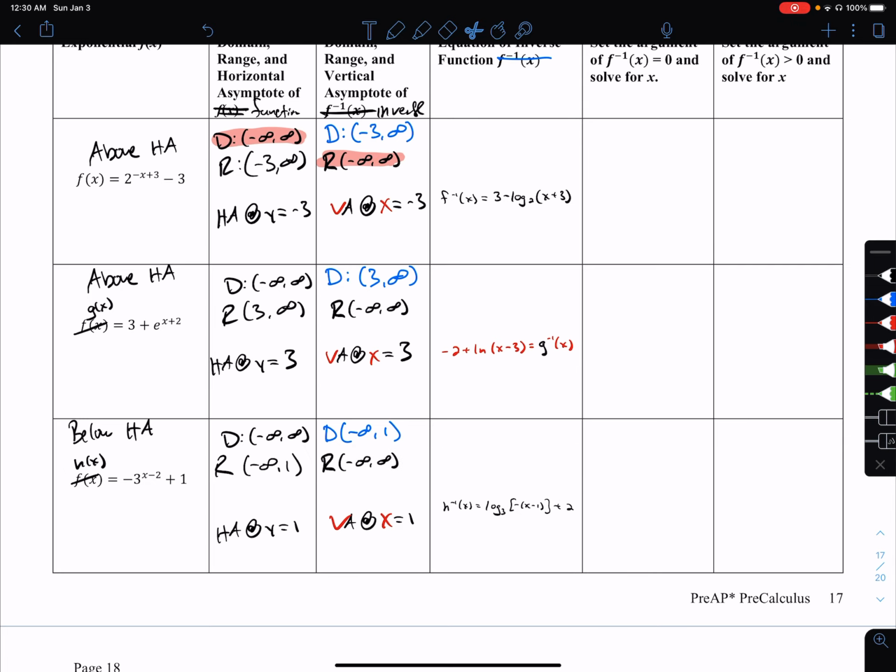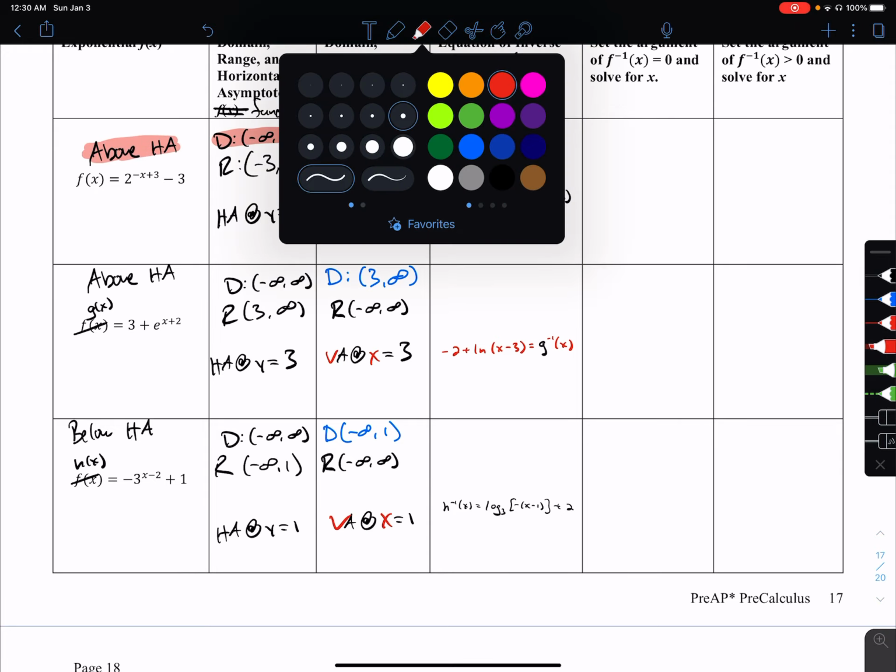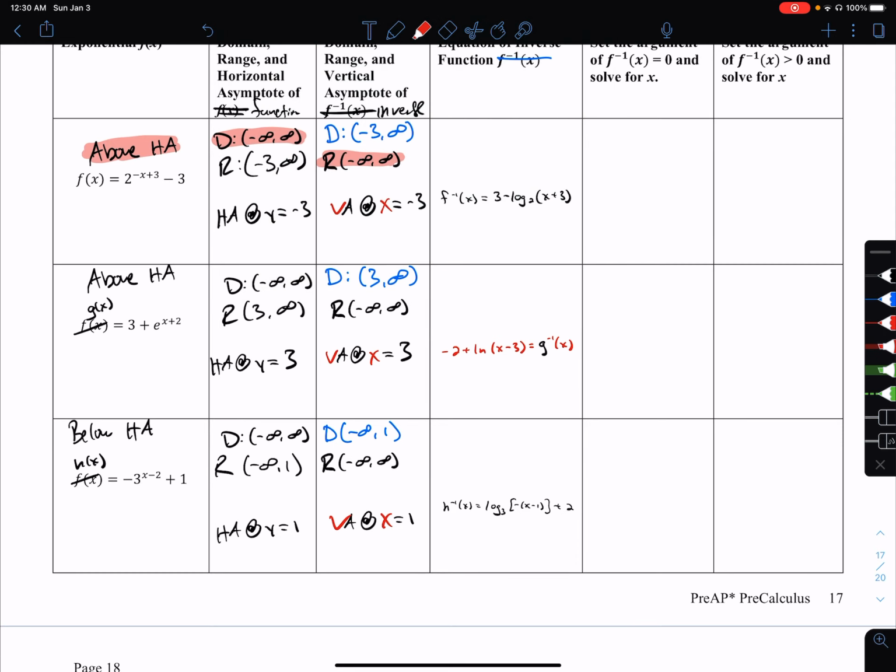Now, some things that I want to point out. We said that the function f of x was above the horizontal asymptote. So above means positive in the y direction. That means the inverse is going to be positive in the x direction. This is going to be to the right of the vertical asymptote.